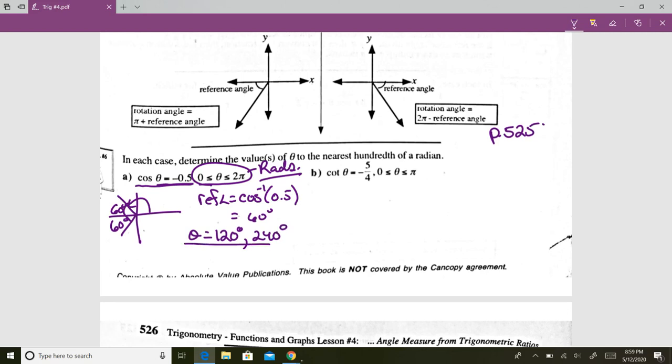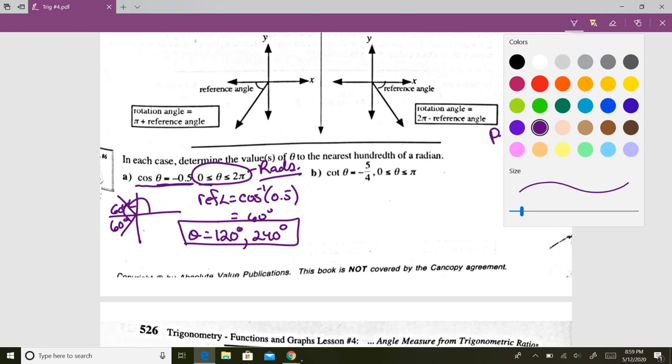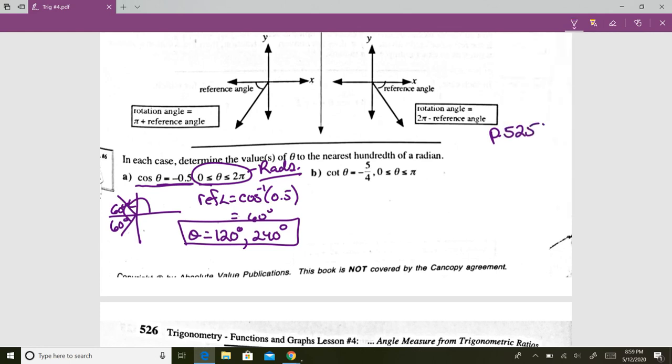Now, that's the answer in degrees. They want the answer in rads. So, how many rads is 120? Well, the reference angle basically told you. The reference angle is 60 degrees, and hopefully you have committed to memory what the common angles are in rads. 60 degrees is pi over 3. How many 60-degree angles do we have to get to 120? 2 of them.